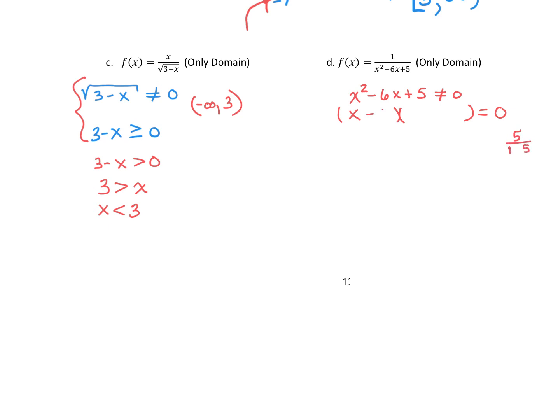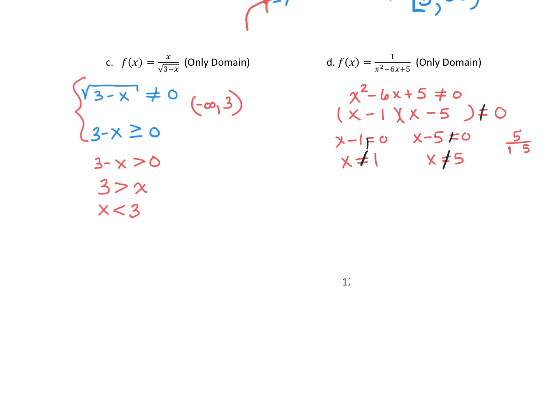So how about -1 and -5? That adds to -6. And if we set each one of these equal to 0, we're going to get x equals 1 and x equals 5. And these are the things that it actually cannot be, because those are the things that would cause it to be 0.